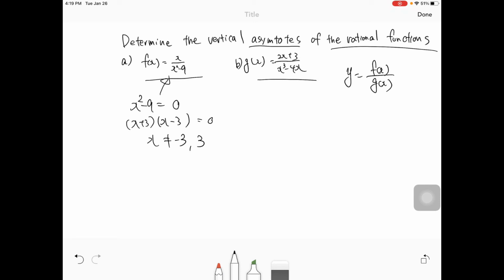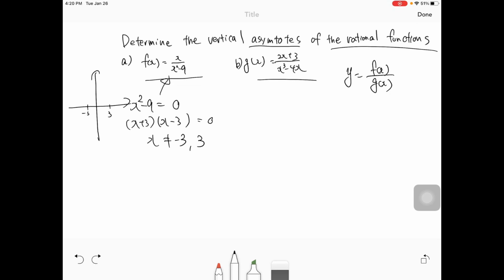So why do you need to find the domain to find vertical asymptotes? If the domain has all x values, the graph is going to be like this or like that. This means it cannot have any vertical asymptotes. But here the domain excludes negative 3 and 3. It doesn't have values here, so the graph has to go like this or like that, because the graph cannot have any x value there.